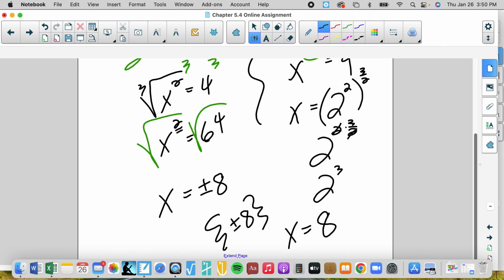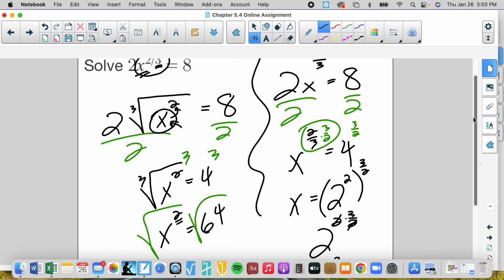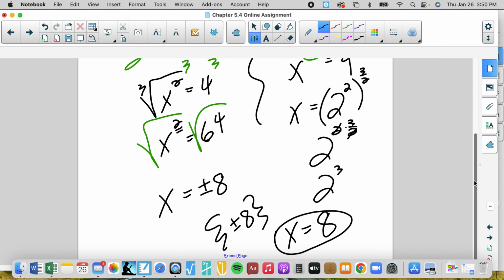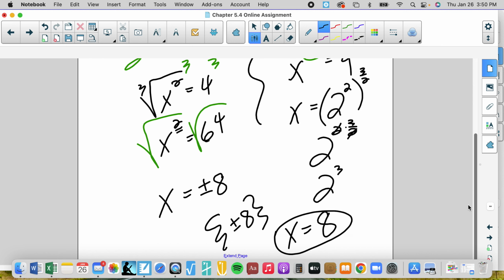So I don't know if you would have seen the negative part. That would have been very interesting, how you would have derived the plus or minus. You can see it here. Anytime you take the square root of a variable being squared, we have to introduce plus or minus.